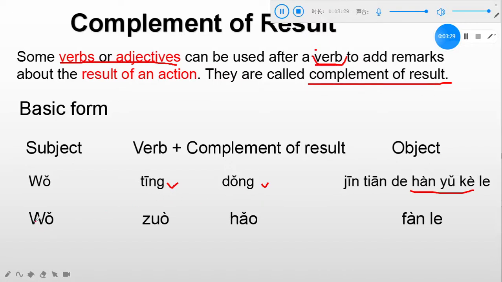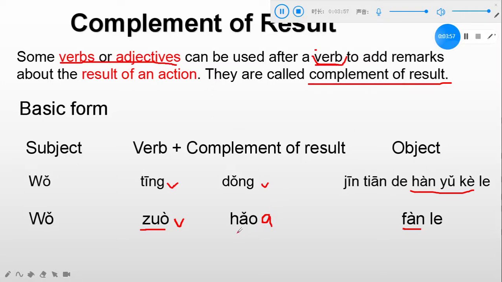Alright, this one. 我做好饭了. 饭 is food or meal. Okay, 我做好饭了. 做 means to do or to make, so it's a verb. 好, remember, means good, so it's an adjective. You see, verb or adjective.